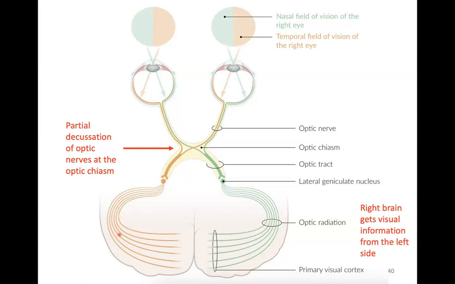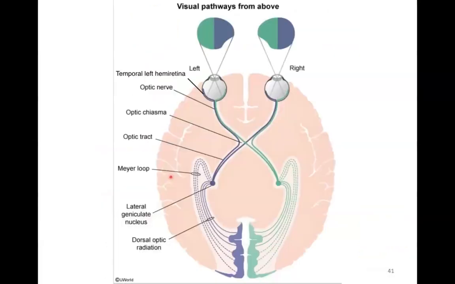There's the Meyer's pathway, which we're going to discuss in a little bit. The Meyer's pathway transmits visual information from the top of the field. It's these two fibers or strands you can see here. Anything that comes from the top corner here, and the top corner here, will be transmitted through Meyer's pathway. We're going to come to that.